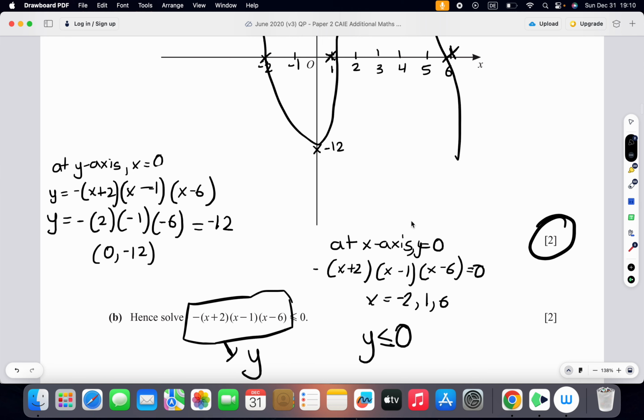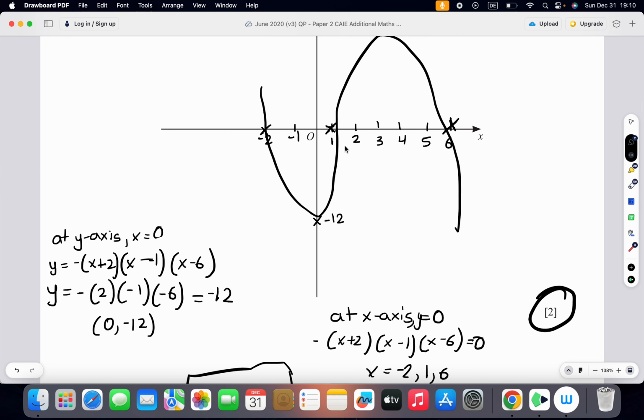So let's see when the y values are smaller than or equal to 0. The roots, or the x-intercepts, are when it's equal to 0, and this part here is below 0, so it's smaller than 0.